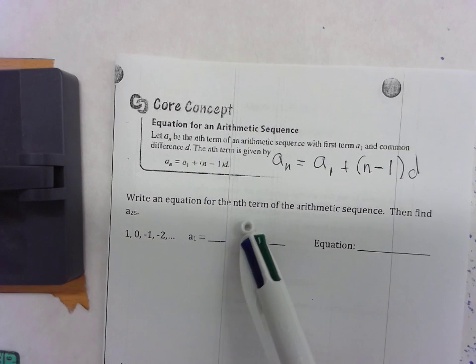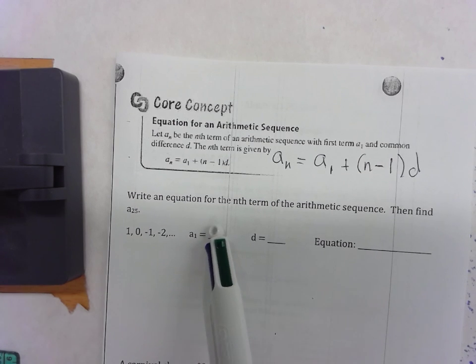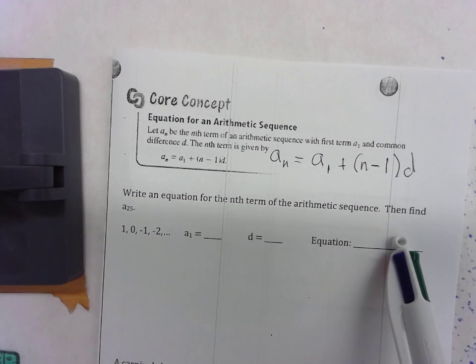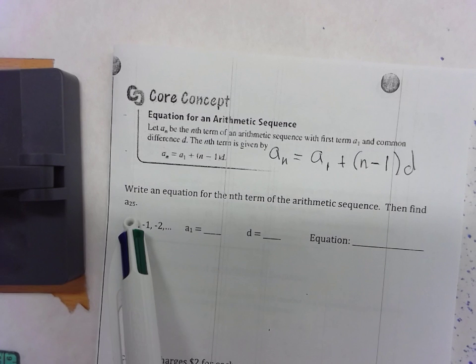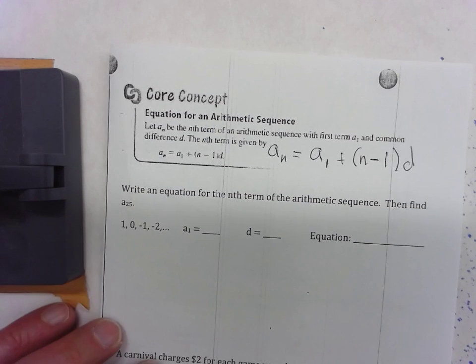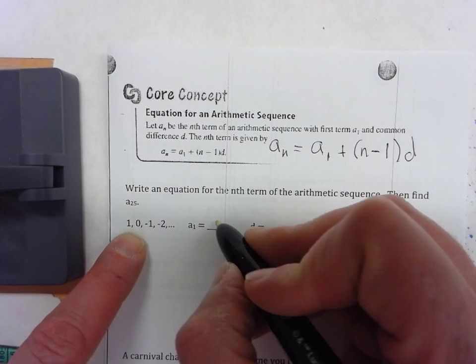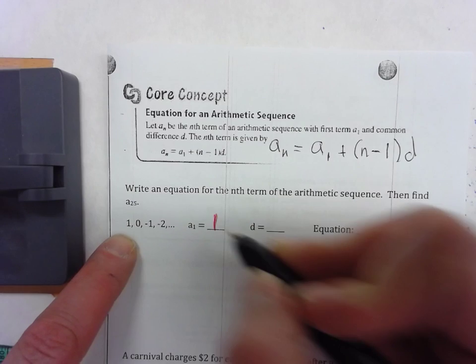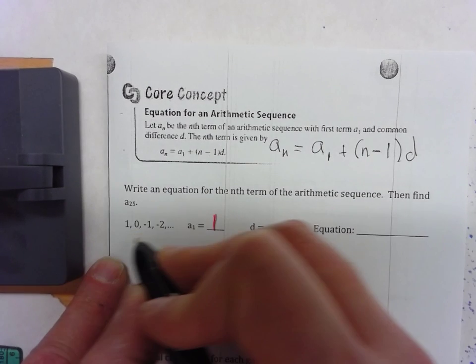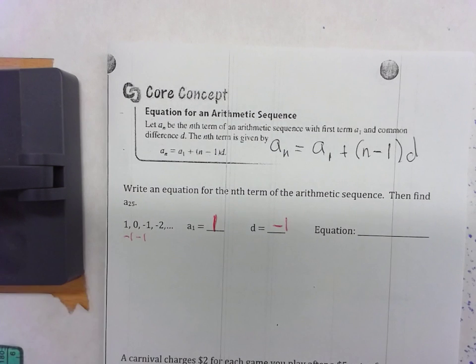So for this one, we're going to do 3 things. Find your first term, find your common difference, write the equation, and then find the 25th term in the sequence. Our first term is 1. Our common difference is, well, we're subtracting 1 each time, so it's a common difference of minus 1.